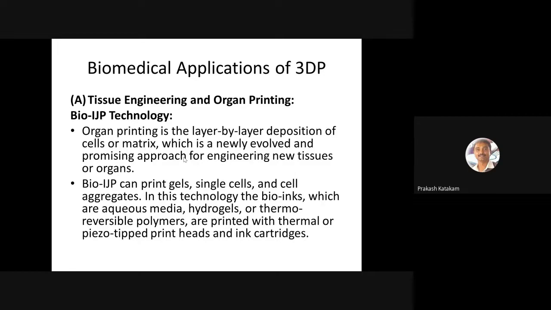Typically, it looks like this. We all know about tissue culture. So far, tissue culture is made in the two-dimensional direction, but 3D tissue culture is quite different. Using 3D tissue culture, we can make any shape of any organ depending on the need.